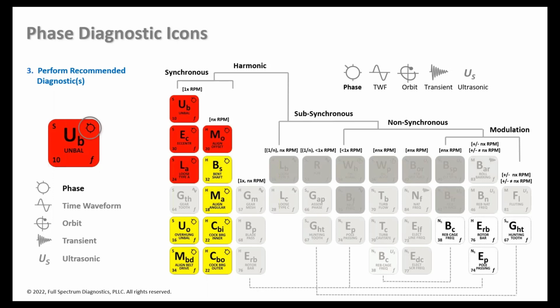We're down to 4. Then we do whatever phase diagnostic, time waveform, orbit, transient or ultrasonic diagnostic to walk down some more problems. So effectively it's a 3-step process. We'll get into what's left, and those are probably the problems that we're looking for.